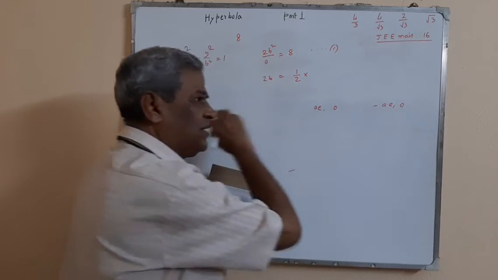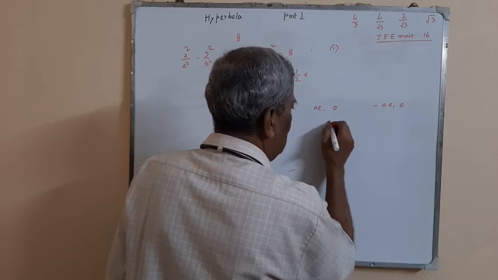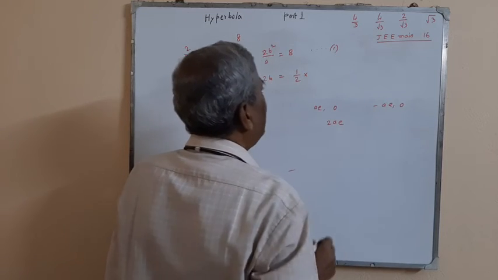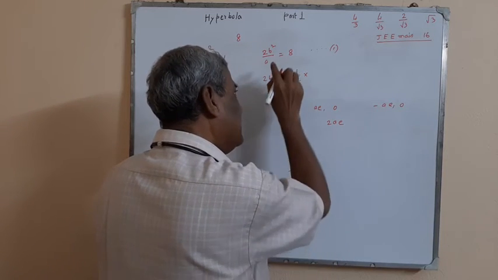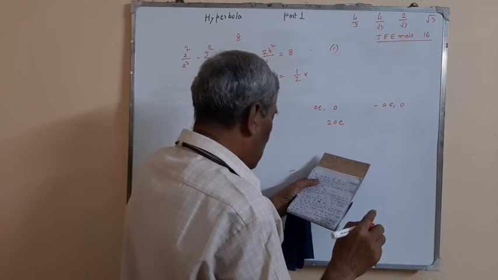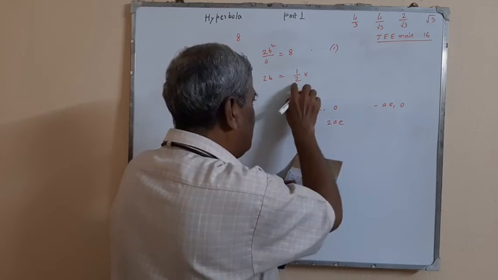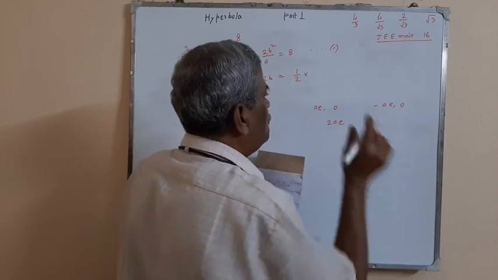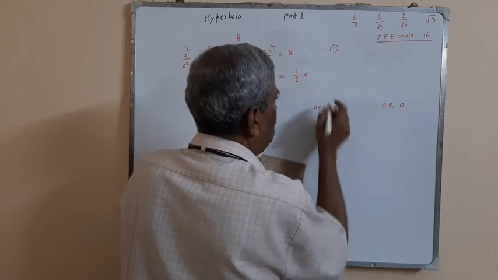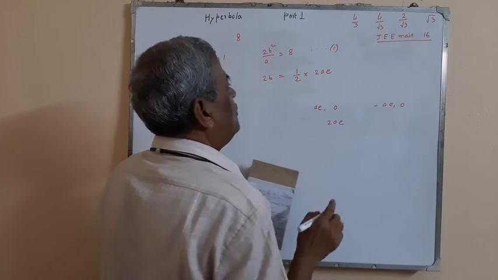I told you just now. So the distance between two foci is twice ae. So this information is: length of conjugate axis is equal to half the distance between two foci, and the distance between two foci is 2ae. So this is another piece of information.